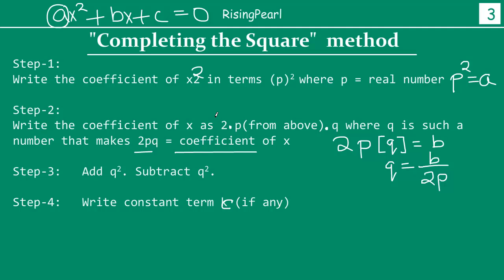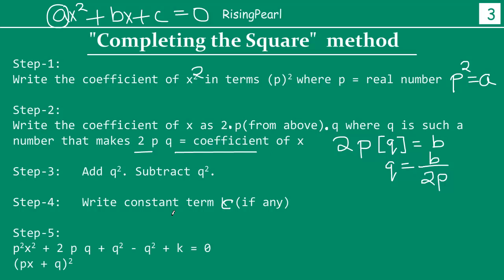Keep in mind that we cannot change the quadratic equation; we are transforming the equation, right? So what we finally have will be something like this: the first term, ax squared, will be p square x square plus 2 times p times q times x, plus q square minus q square plus c.